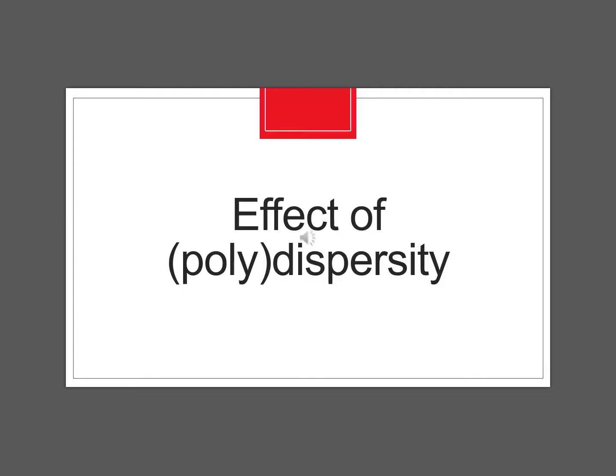Now, in your samples, polydispersity might be that you've made vesicles which are all not the same size, or if you have proteins, they may aggregate, or if you've made particles by some chemical process, you may see a distribution of sizes. That's what I mean by dispersity or polydispersity. So let's look at the effect of that on the scattering curve, how the distribution affects those oscillations.